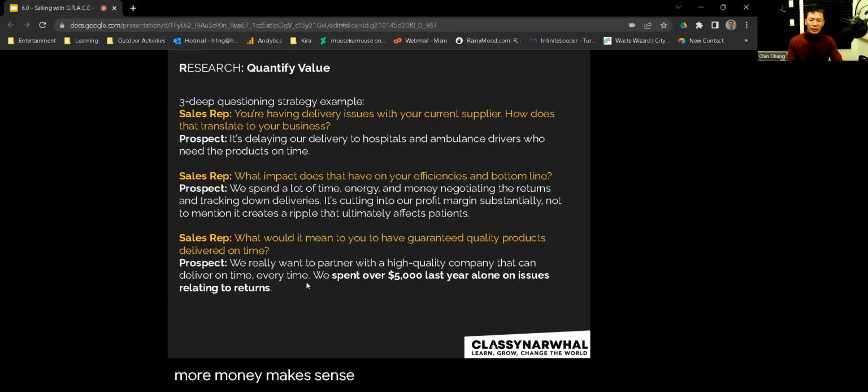Make sense? So in some cases, of course, not every form of value is quantifiable. And if that's the case, then you want to understand what is underlying in terms of their motivations, their desires, their interests, not only as an organization, but also on an individual level as well.